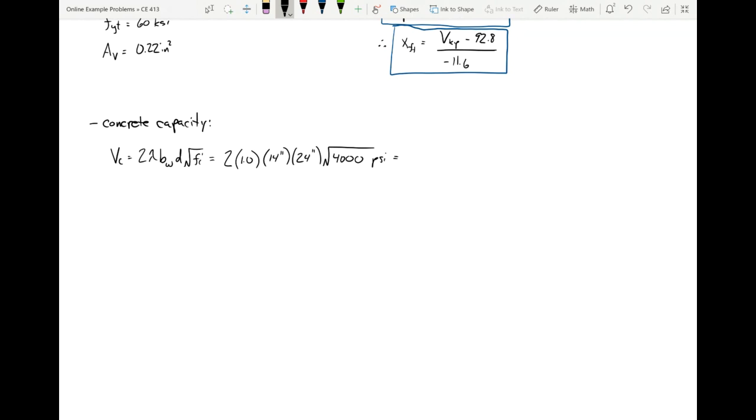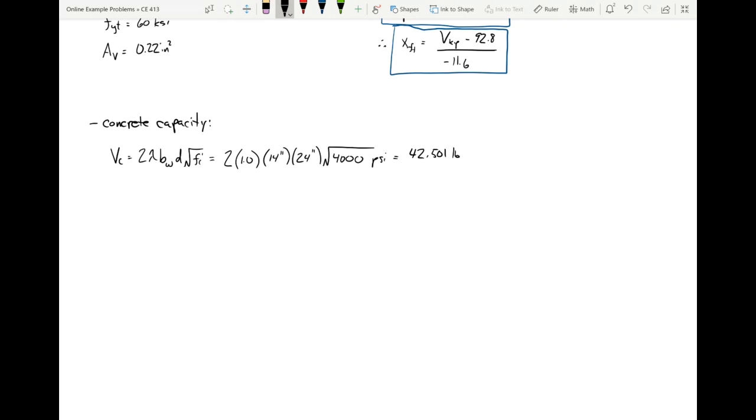Now, if you say 2 times 1 times 14 times 24 times the square root of 4,000, that comes out to be 42,501. Now, this is a shear, so it's a force. So the units in this case are pounds. And they're pounds because you put in PSI, you get out PSI, but it's PSI times inches and times inches.